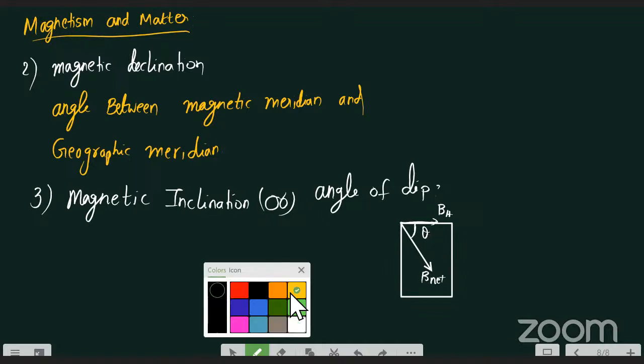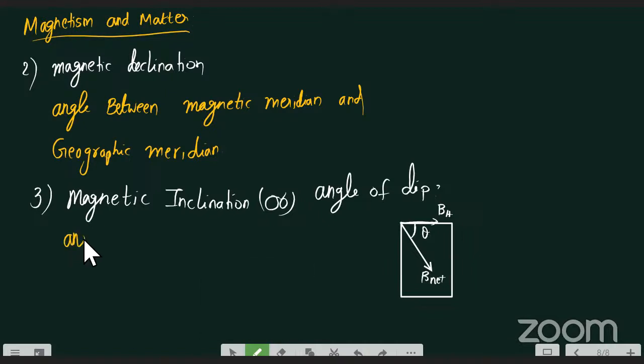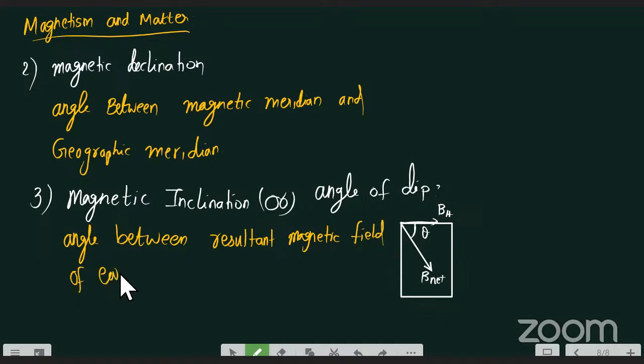So you don't need to draw this, just write down the answer. Angle between the resultant magnetic field of Earth at a place with horizontal.